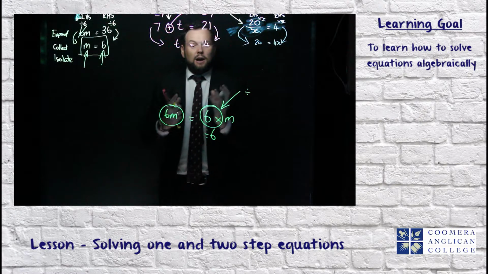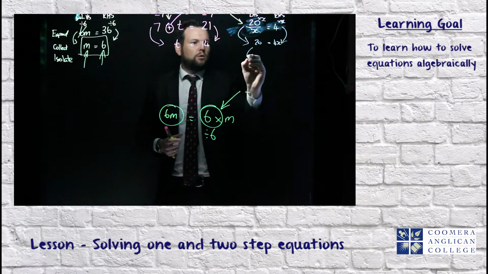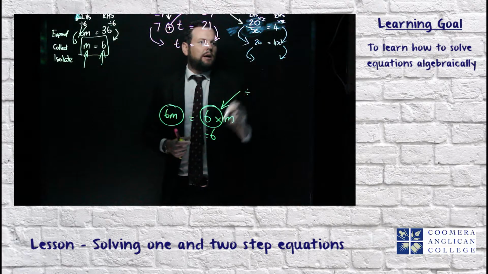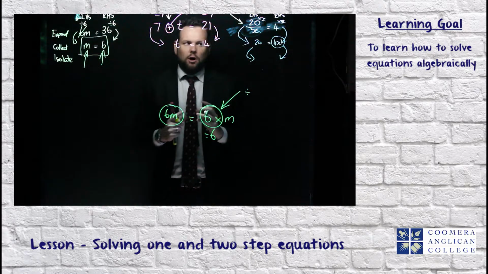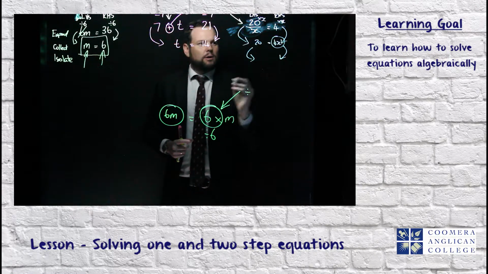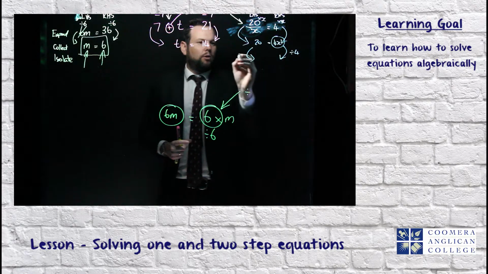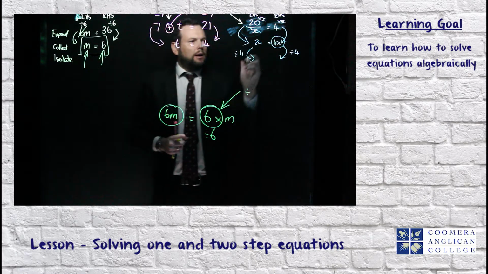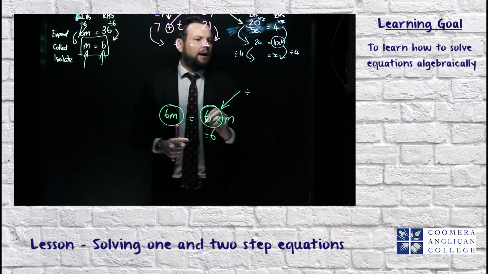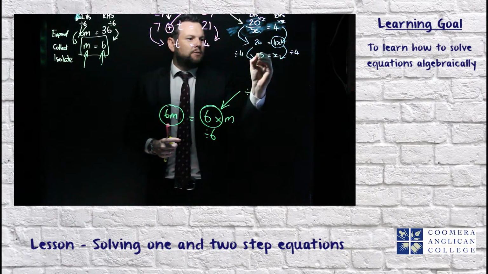Now I need to do another step. I need to get rid of that times 4, and in order to get rid of times by 4, I divide by 4. So when I divide by 4, I get rid of the x, and 20 divided by 4 is 5.